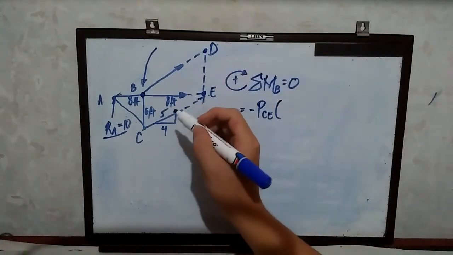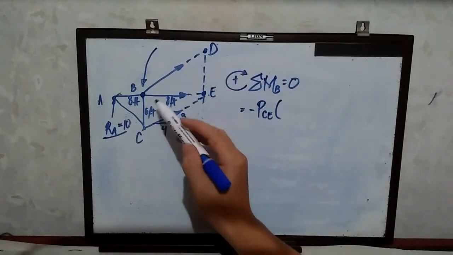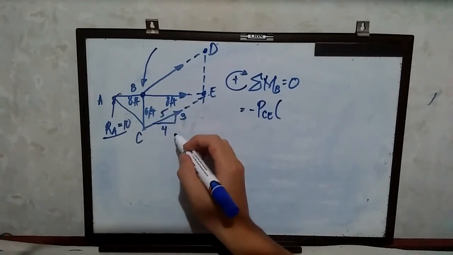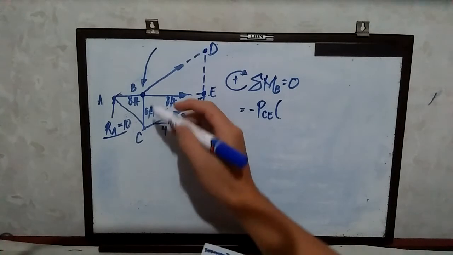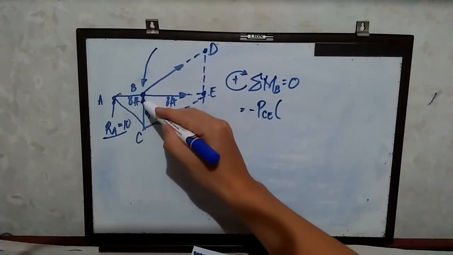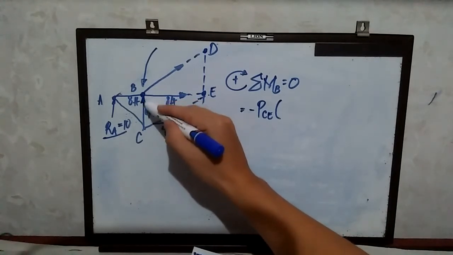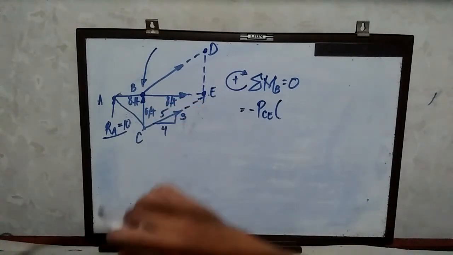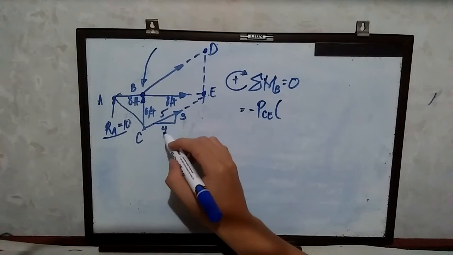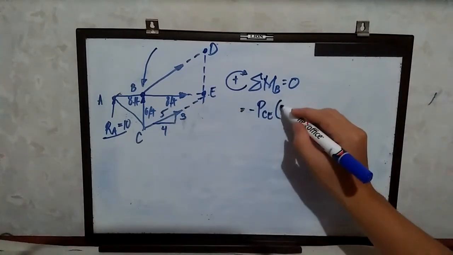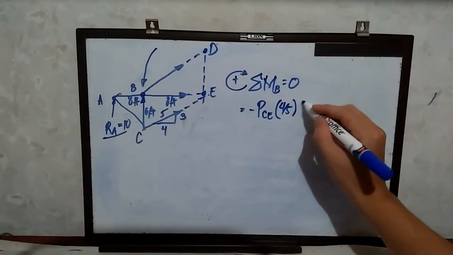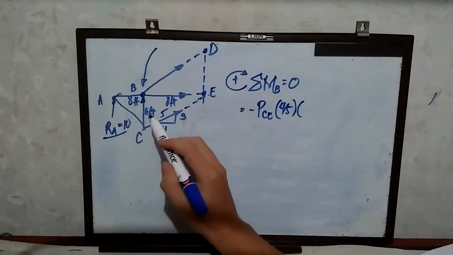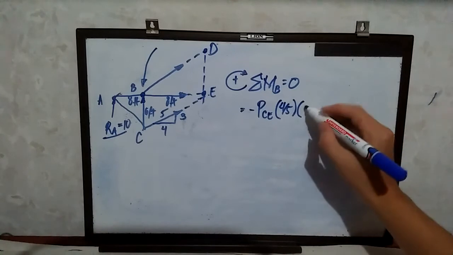What is the component that tends to rotate member CE? That should be the X component, right? Because the Y component is directly acting at the pivot point, point B. So that's why we need to use the X component only. That X component is 4 over 5, the slope, multiplied by the moment arm, or rather the perpendicular distance, equivalent to 6 feet.